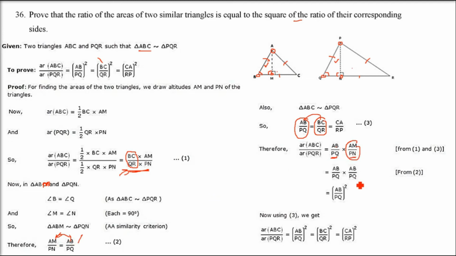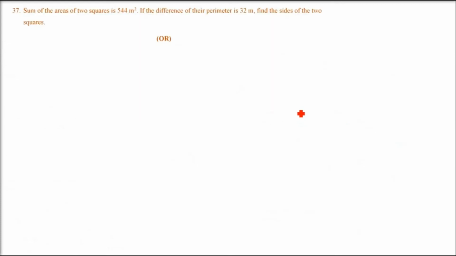If you write AM by PN as BC by QR, you get BC square by QR square. So every time you put these three, you get three different solutions. These solutions are AB by PQ whole square, BC by QR whole square, and CA by RP whole square. Area of triangle ABC by area of triangle PQR.